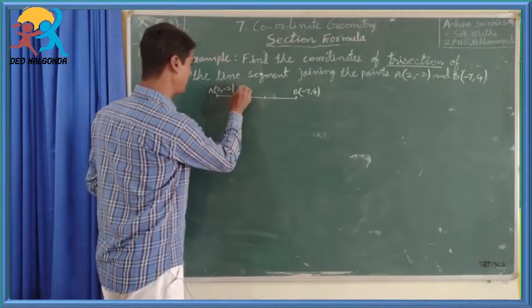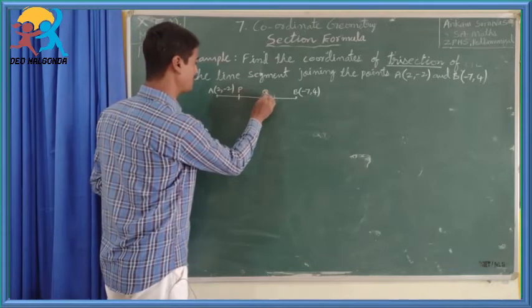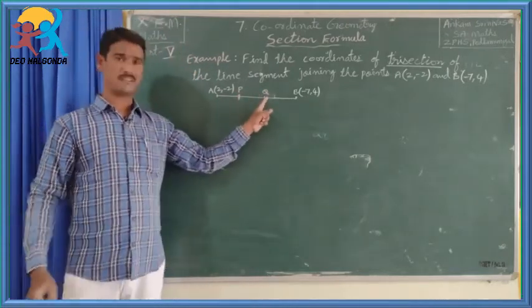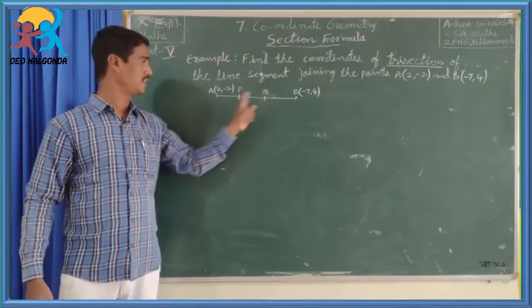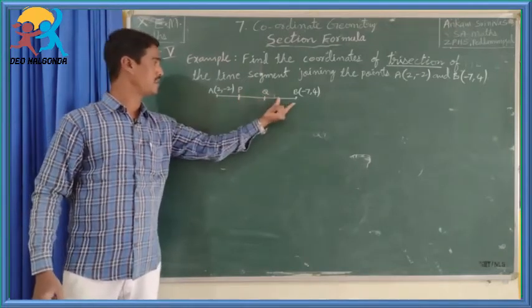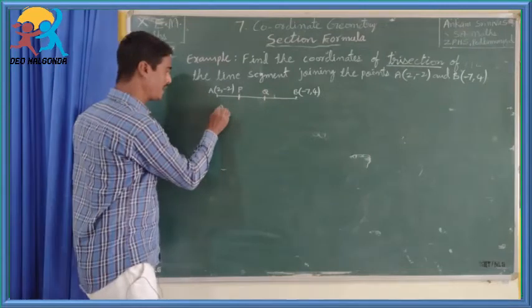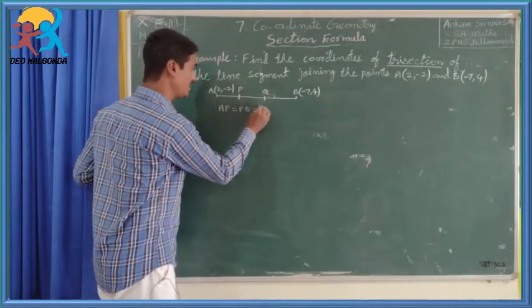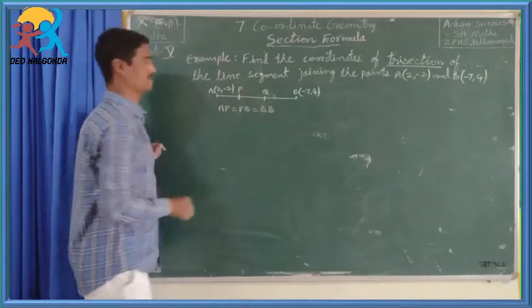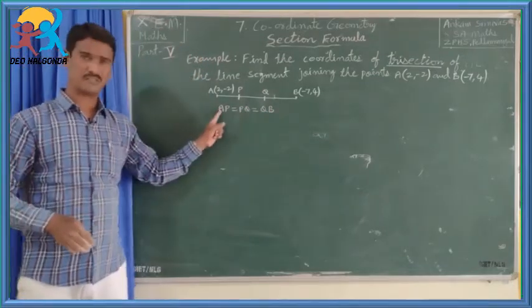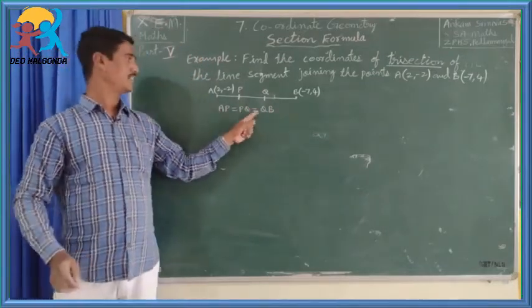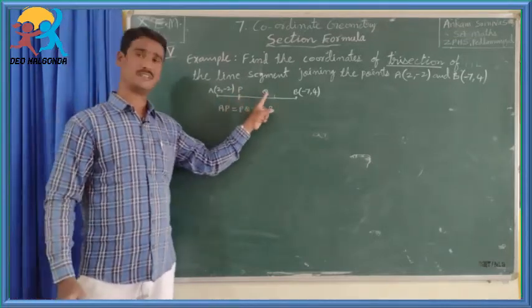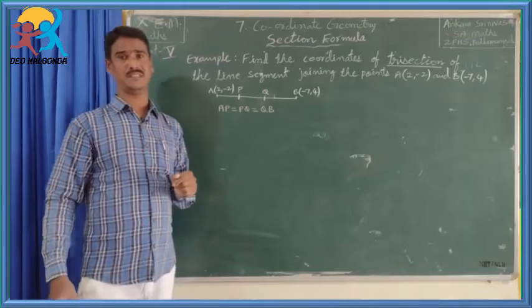Let these points be P and Q. These three parts are equal, that means AP equals PQ equals QB. We have to find the coordinates of P and Q.